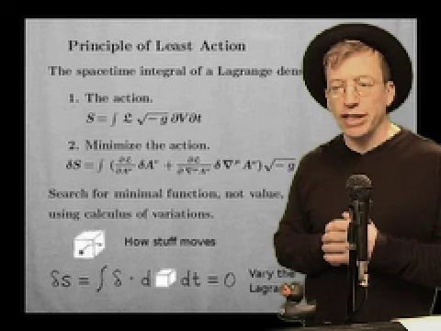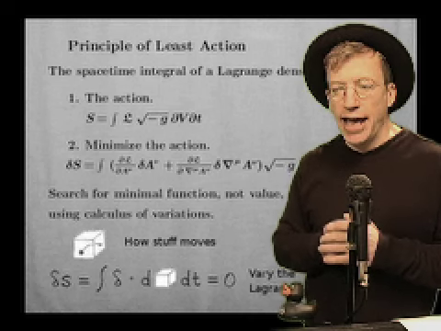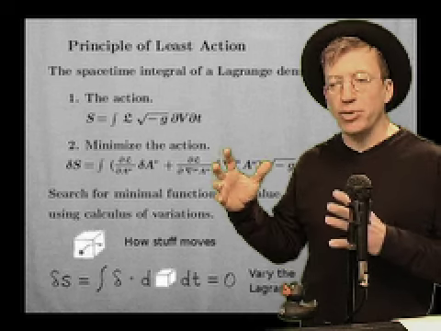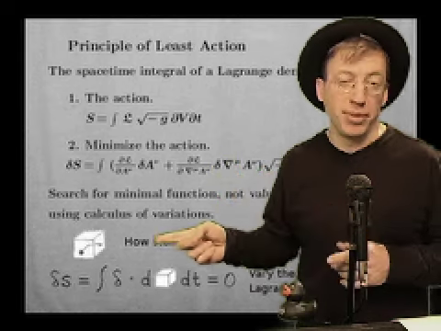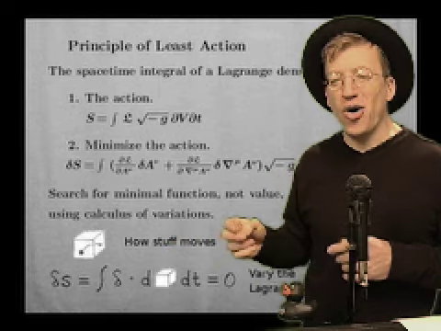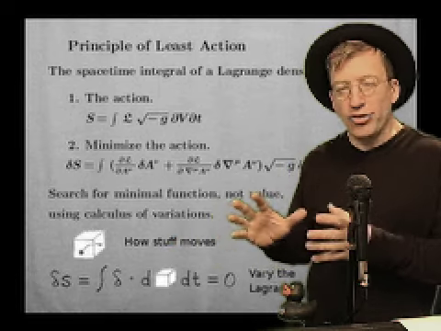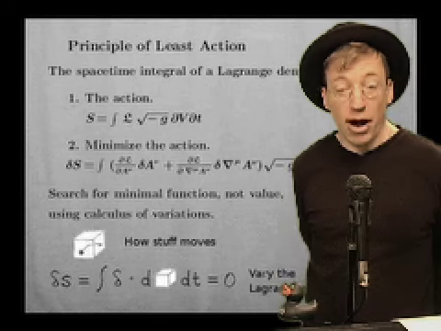And with the calculus of variations, what you do is you add things up but you end up with a function. And a function then gives you a number. So it's a little bit more abstract, but a very powerful tool.